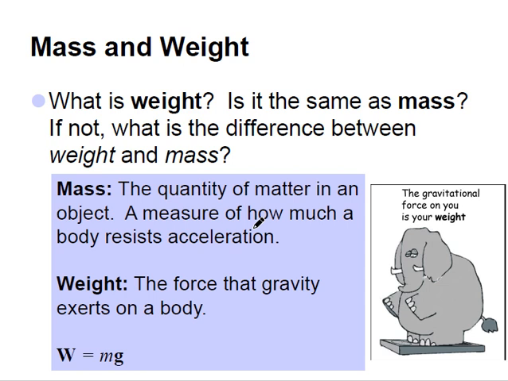So mass is a measure of an object's resistance to acceleration, meaning its inertia. The unit we use is the kilogram in the SI system, and in the US system it is the slug. Mass, again, has no direction, just magnitude, so it is a scalar.